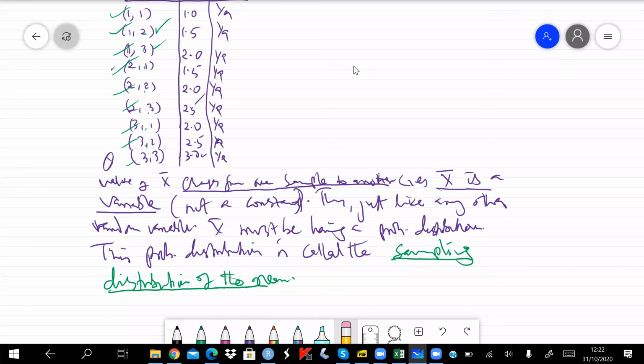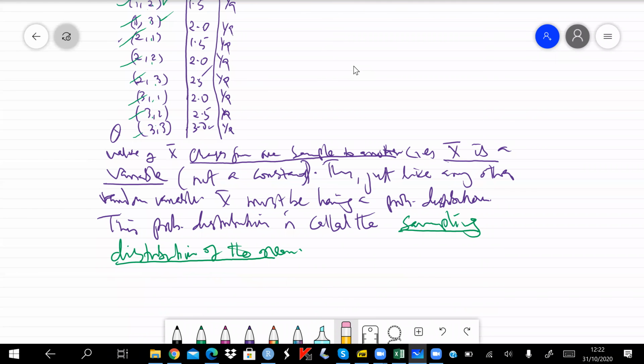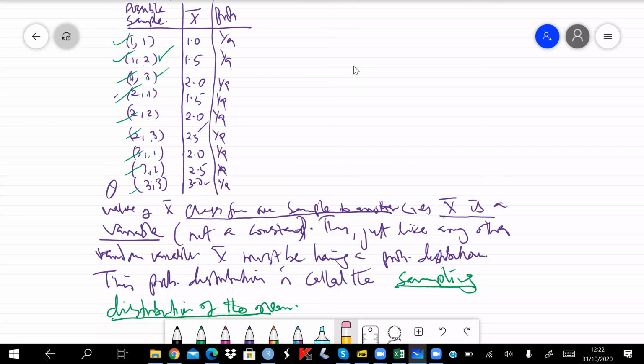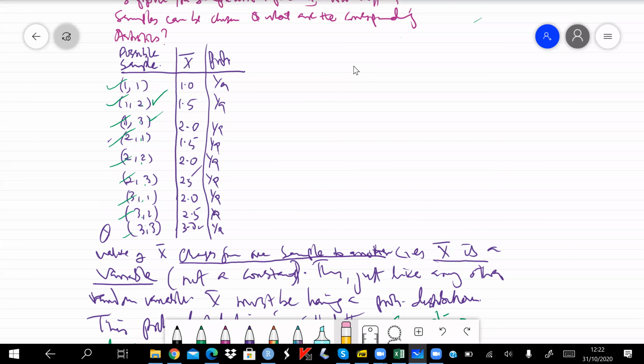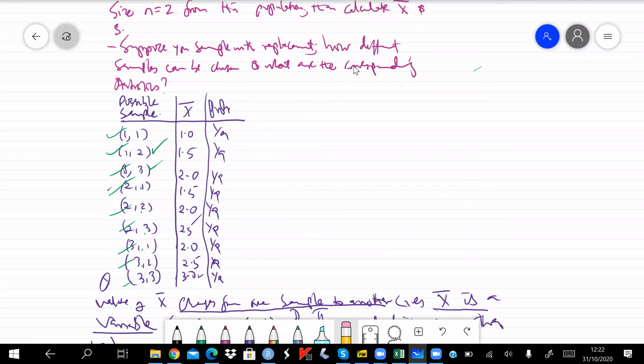All right, so we want to find out what kind of probability distribution this is that we are calling the sampling distribution of the mean. So let's create a table to represent this information in the form of a probability distribution.